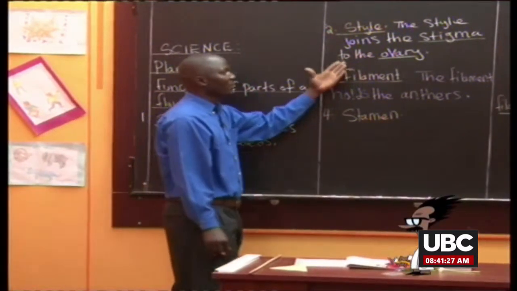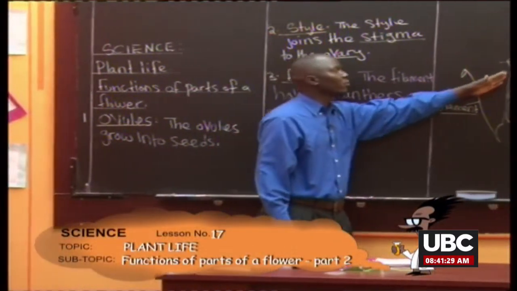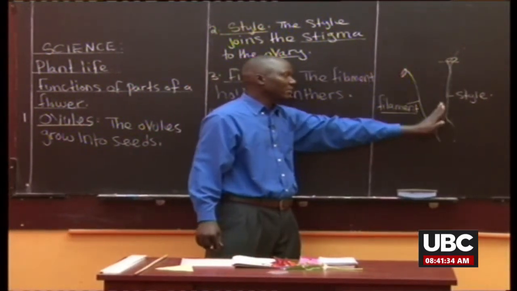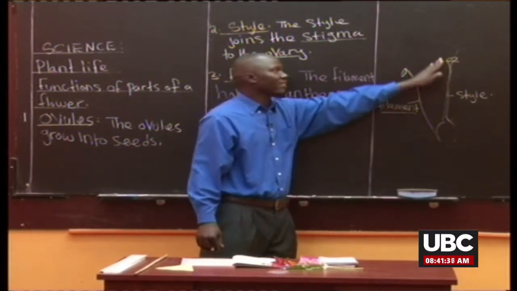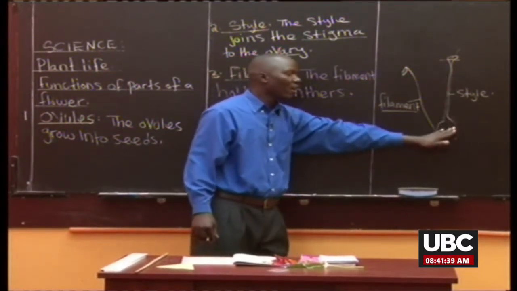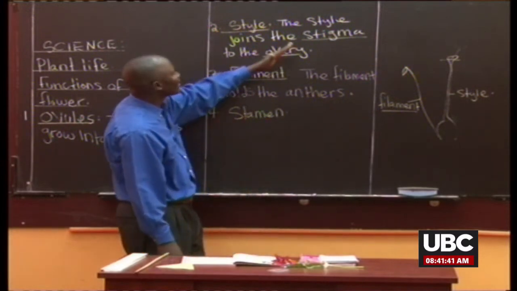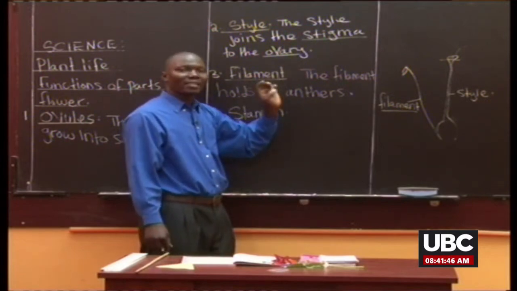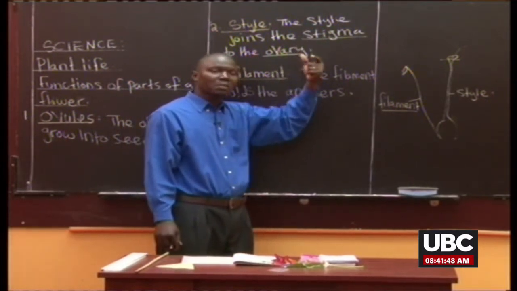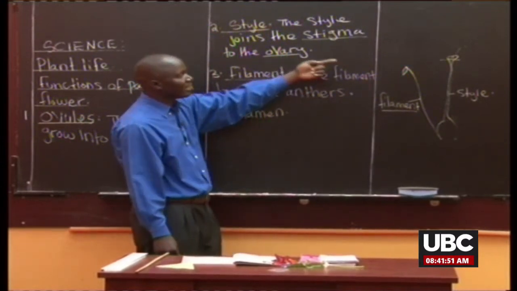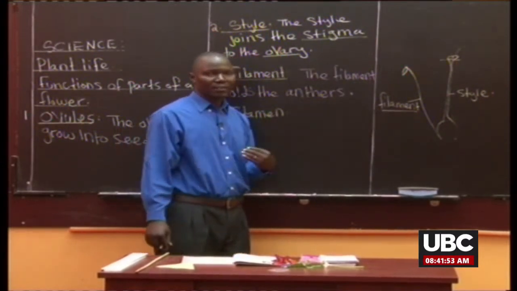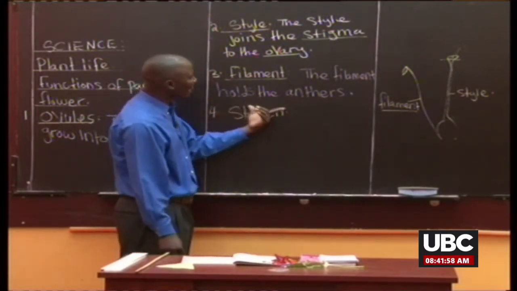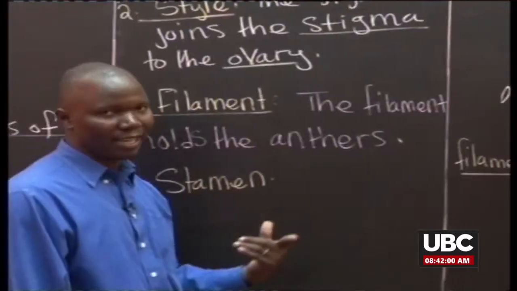The style, we say the style is this tube that joins the stigma to the ovary. This is the stigma and this is the ovary. So I say the style joins the stigma to the ovary, and pollen moves through the style from the stigma to the ovary. And then lastly, we looked at the filament and say the filament holds the anthers.